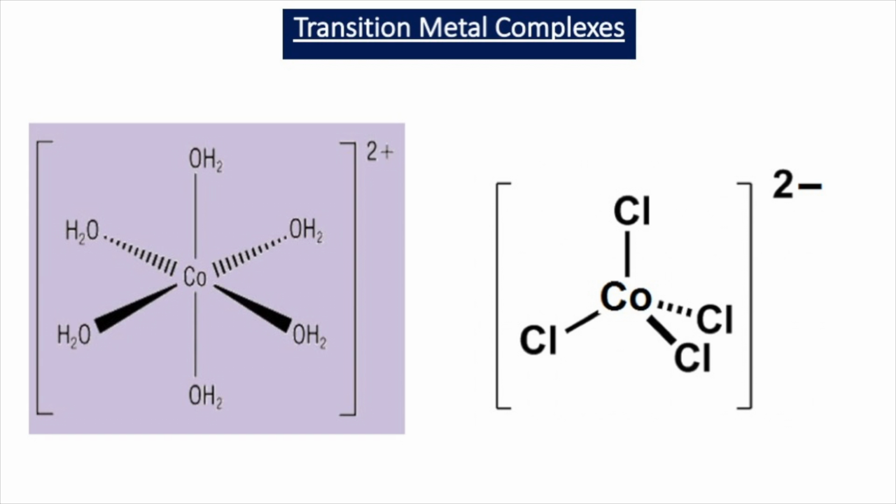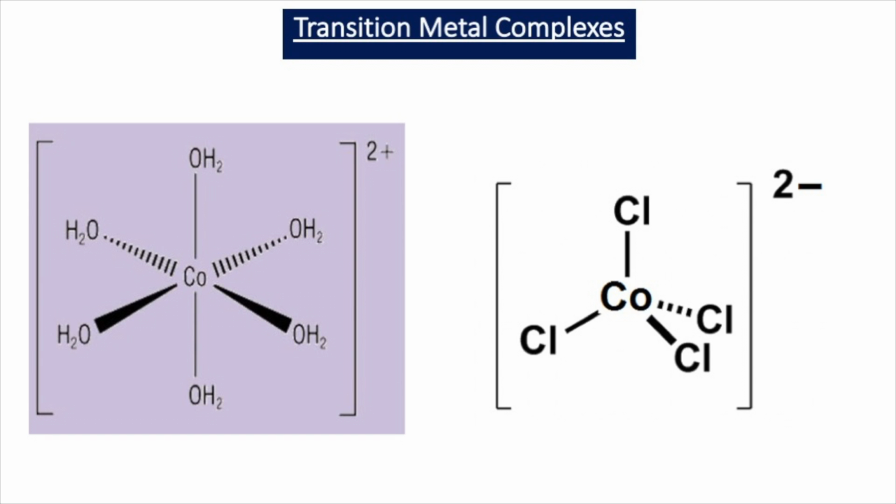In the examples that we come across during the WJEC syllabus, each ligand forms one coordinate bond to the transition metal ion. Because of this, we can simply view the coordination number as the number of ligands that surround a transition metal ion.